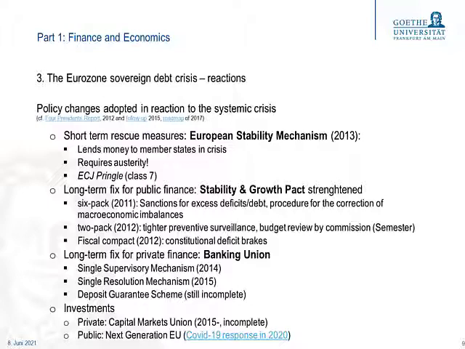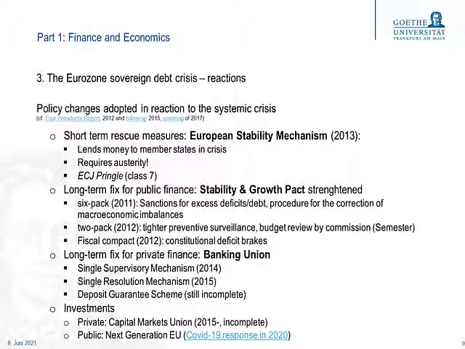The second prong of these policy changes adopted in the aftermath of the Eurozone debt crisis are of a more longer term perspective. They concern changes to the Stability and Growth Pact, the overall framework that is meant to keep member state finances stable. The European Union adopted a number of pacts.